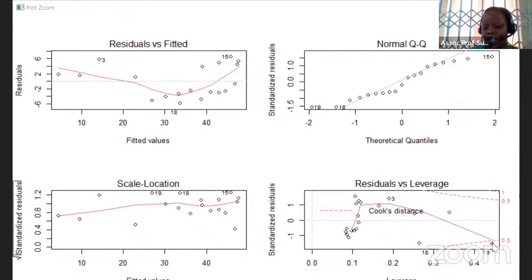If it's a genuine residual, we analyze our data with the residual, look at the parameters, then analyze the data without the residual, also look at the parameters. If you see that there's a significant either decrease or increase in the magnitude of the parameters, then we consider removing the residual.